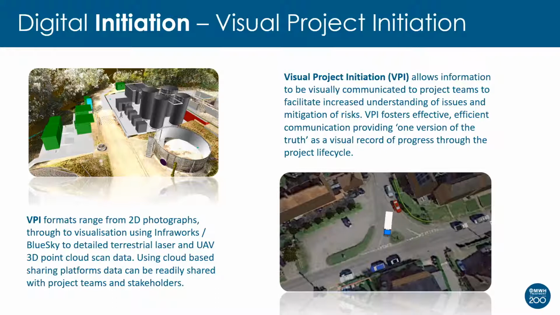So the team put together a short video with an auto track showing the size of the actual unit, the route we were taking, and what we had to take out of the road along the route to facilitate safe delivery of the kit. That was actually shown to the local residents at a village hall meeting, and what started off as a really frosty meeting was completely calmed, because they could see we'd thought about it, we'd planned it, and they could visualize what was going to happen. So that was a great example.